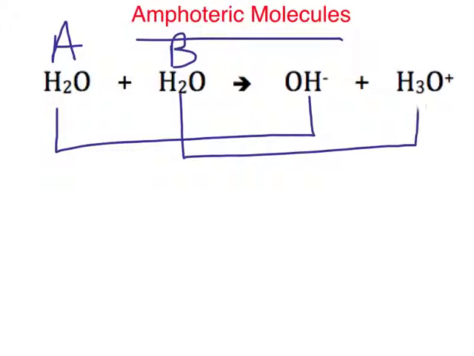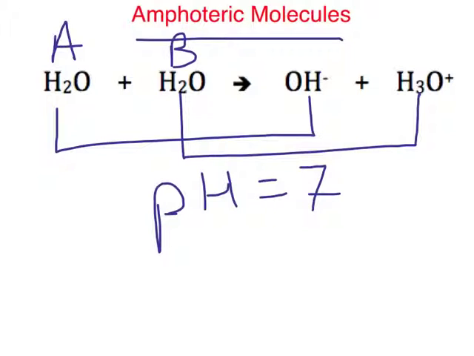This water acts like a base and accepts the proton. Because water does both of those things equally, it gives it a pH of 7. We don't know what a pH is yet, but we will get to that in a minute. But suffice it to say, there are several examples of molecules that can be both.